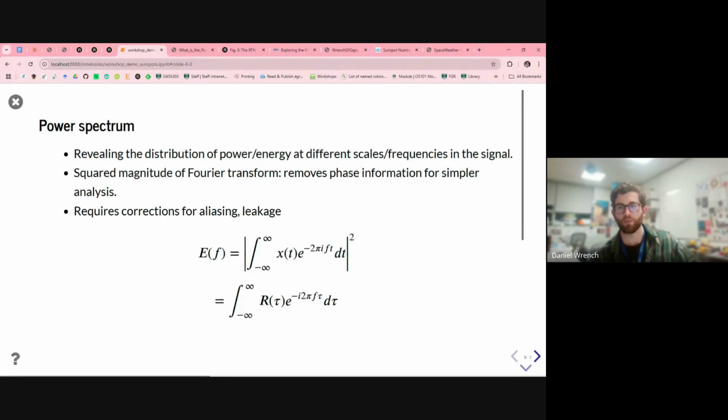So the Fourier transform, obviously, converts from time to frequency domain, but that still contains phase information, which typically isn't of interest. So by taking the modulus and squaring it, we're just left with that magnitude information for more straightforward analysis.